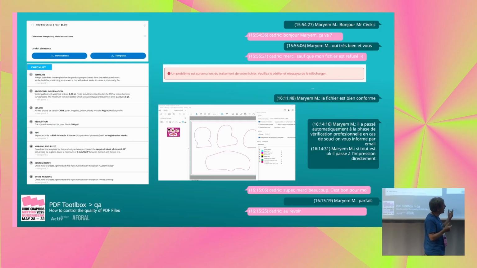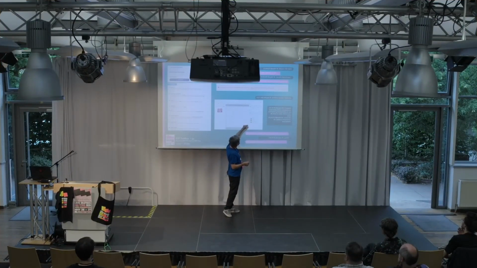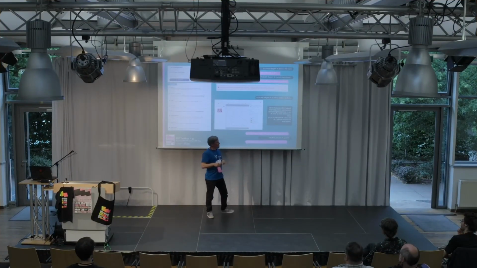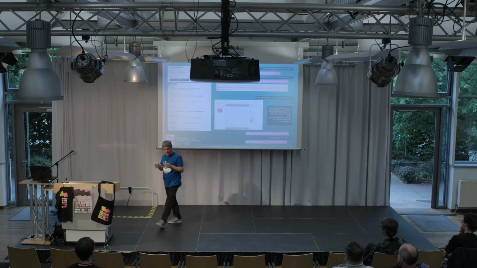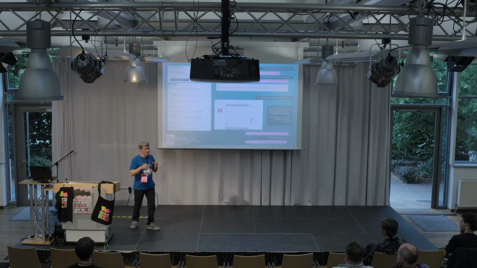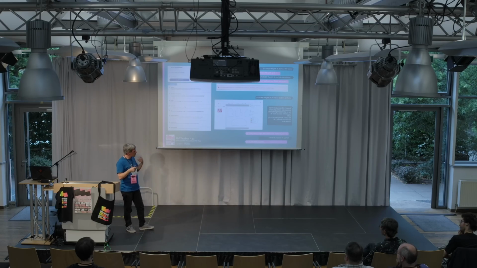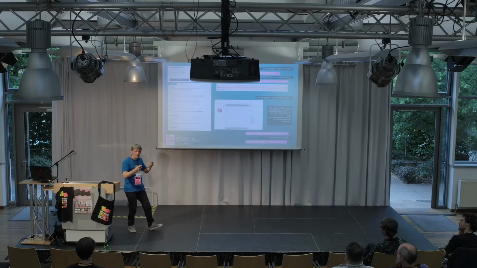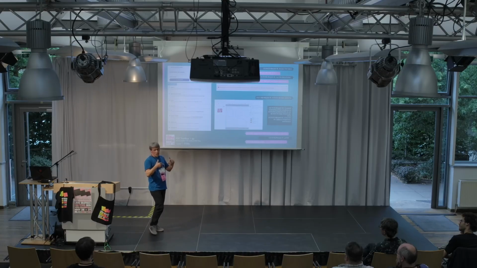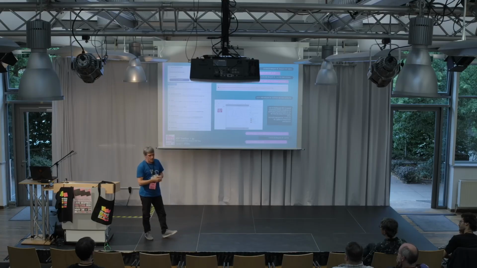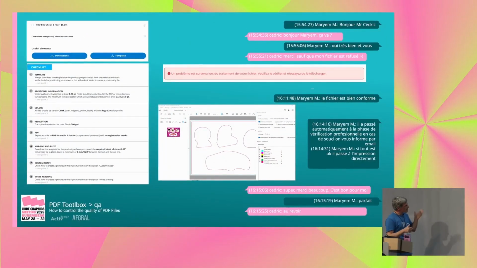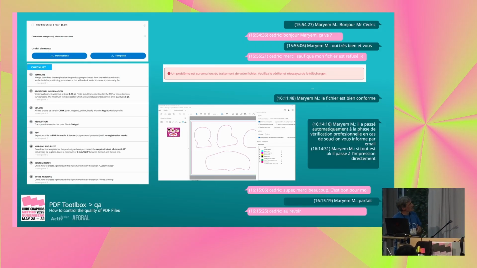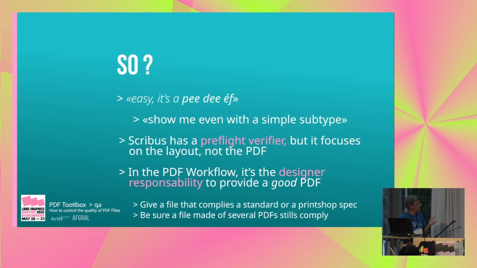So your file has this spot color, your file has this layer, and so on. So everything is good. I don't know why it doesn't work finally, but your PDF was good. But it took a long time, and you have to convince them that they must do the job manually, to control the files manually, which they don't want to do, of course. So this time, there was not a problem. But there may be.